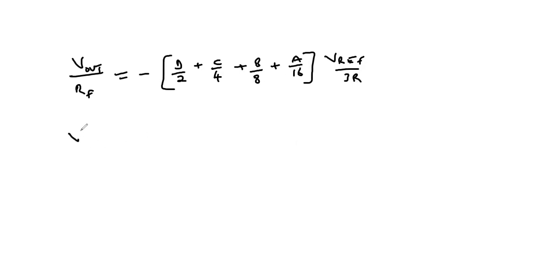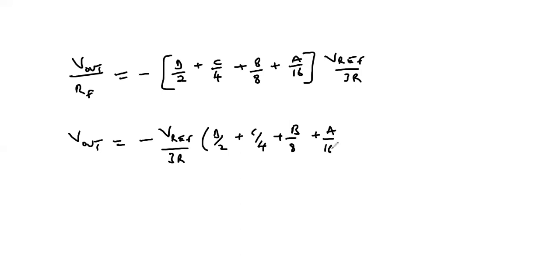From which we can write our output voltage as equal to negative Vref over 3R times D over 2 plus C over 4 plus B over 8 plus A over 16, multiplied by the feedback resistance RF.